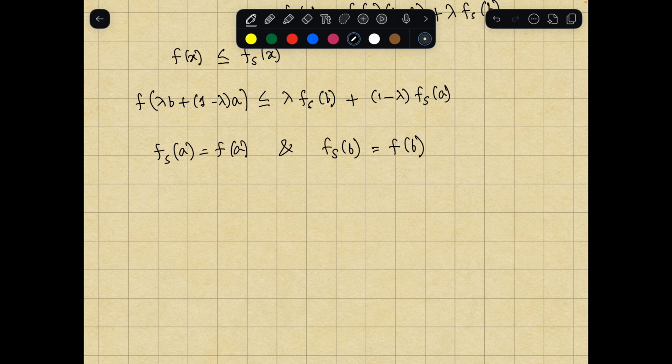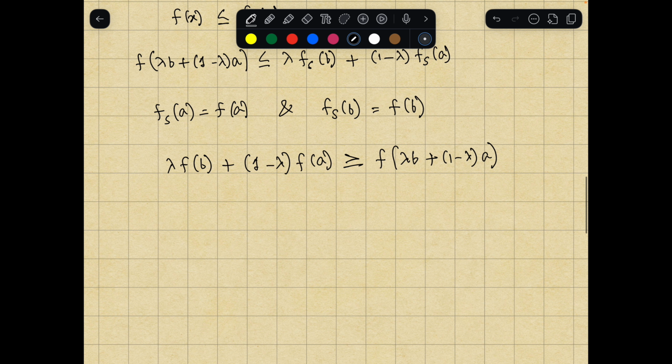The condition of convexity of a function is written as lambda f of b plus (1 minus lambda) f of a is always greater than or equal to f of (lambda b plus (1 minus lambda) a), where lambda is in the range 0 to 1.